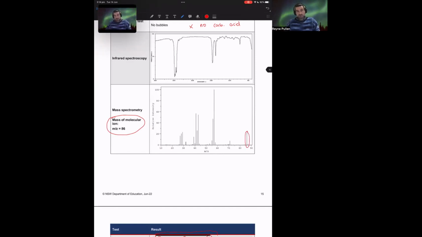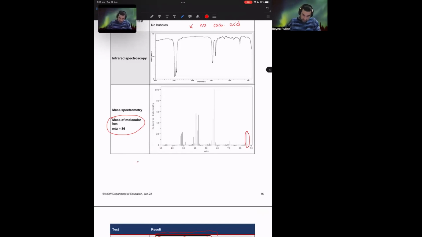The idea is that we've lost only 1 electron, so we have a charged species, but it's effectively the same molar mass as the original compound. That's telling us it has a mass to charge ratio of 86. If we only have 3 carbons, that doesn't make sense. So what about if we double that?